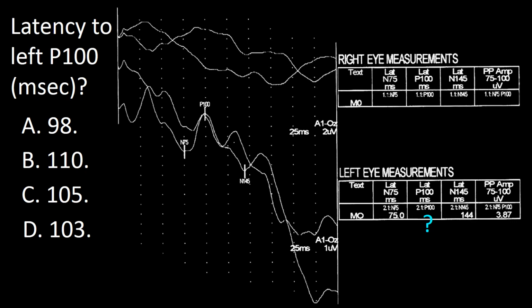Next question. Latency to left P100 is A. 98 milliseconds, B. 110 milliseconds, C. 105 milliseconds, D. 103 milliseconds.